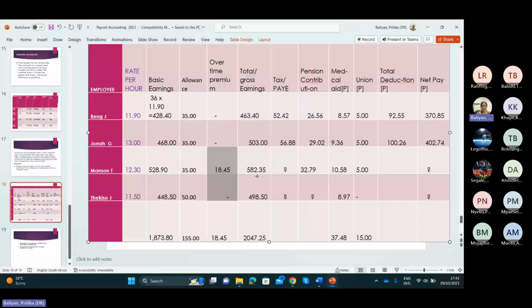Then from that, we calculate the pension contribution, which is on the basic pay, 6.2% of 528 pula and 90 thebe, which gives you 32 pula and 79 thebe.